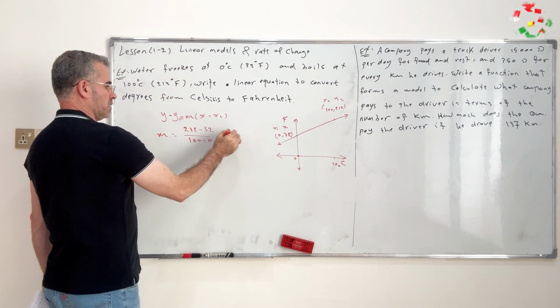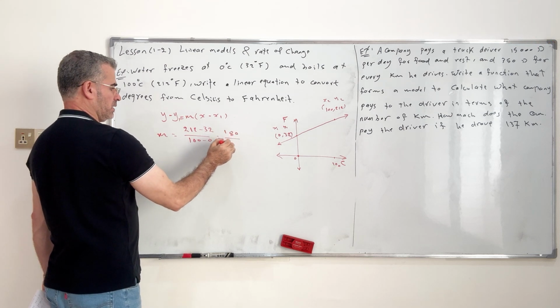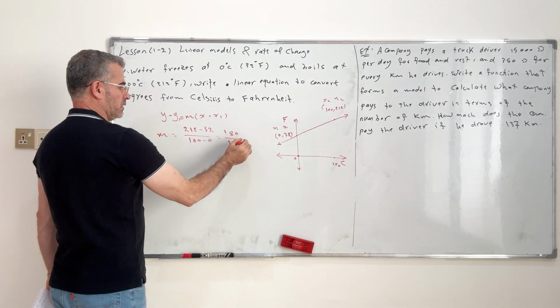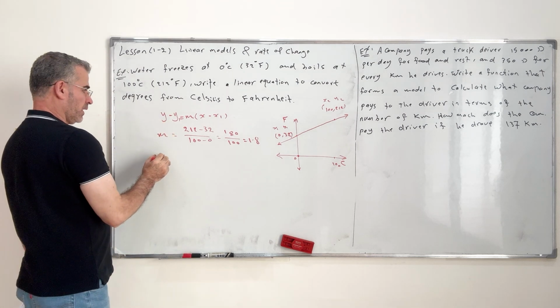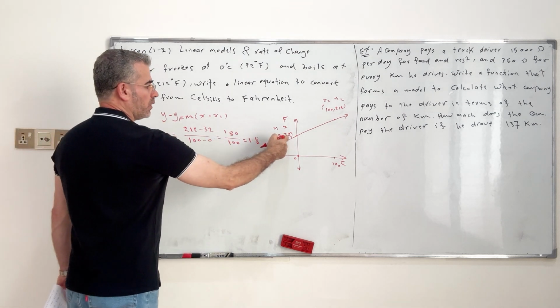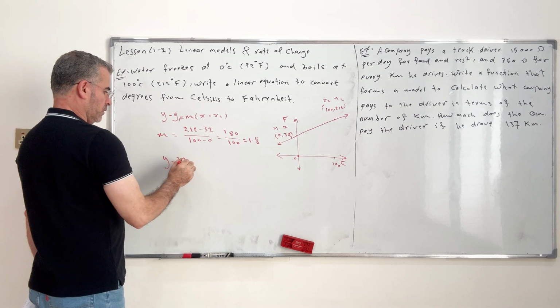Here it is 180 over 100. It is 1.8. Now I apply the form y minus y1, 32.